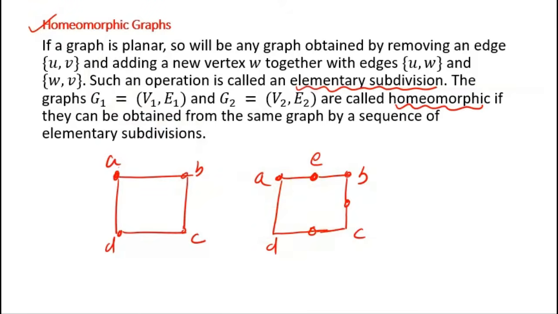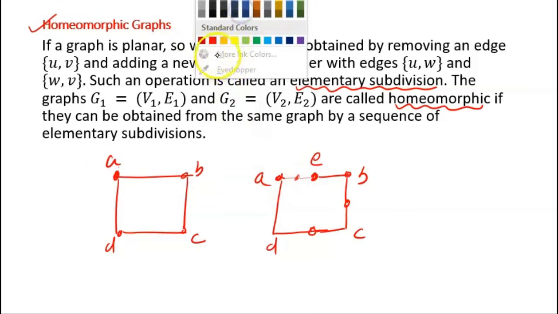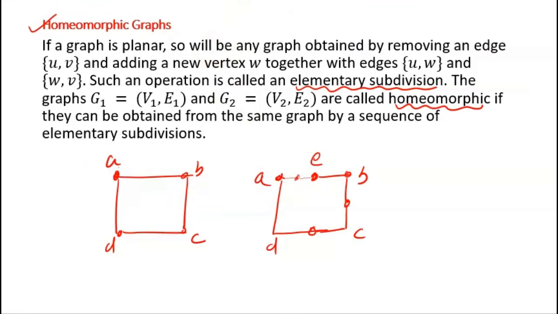I can go even further: I remove this edge, place one extra vertex and join it again. So when I say elementary subdivision, I simply mean that you remove an edge and put a vertex in its place, joined with 2 new edges.